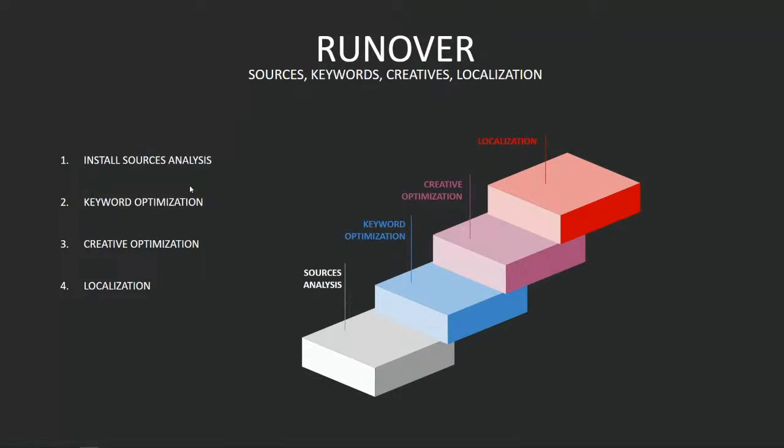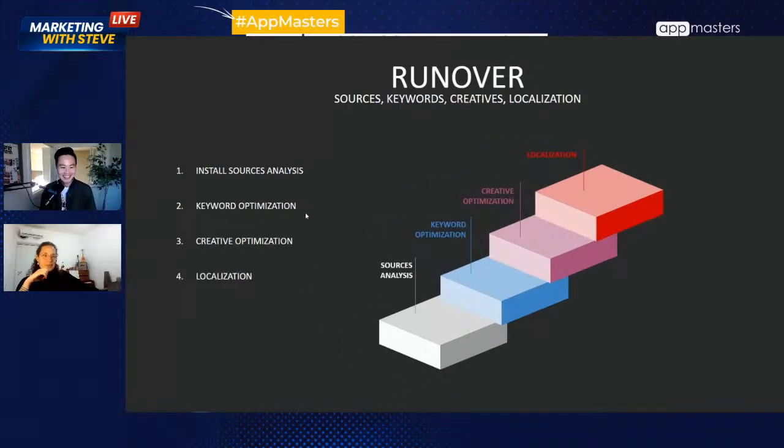We look at all the install sources, and in a minute we will break it down. Only after we've analyzed the different sources do we start analyzing keywords, creative optimization, and localization. Obviously, there's a lot to all of it. I teach it in over 50 hours, but I'll try to break it down as simply and easily as possible.